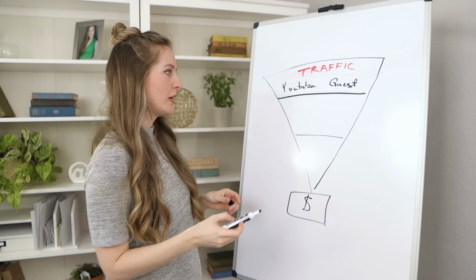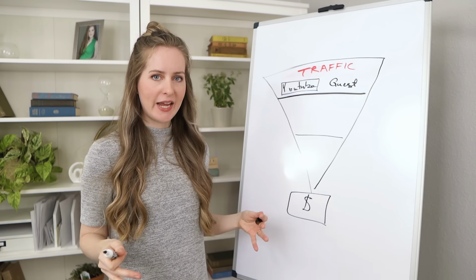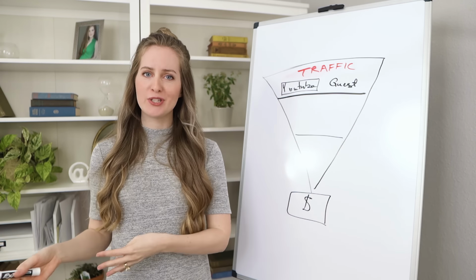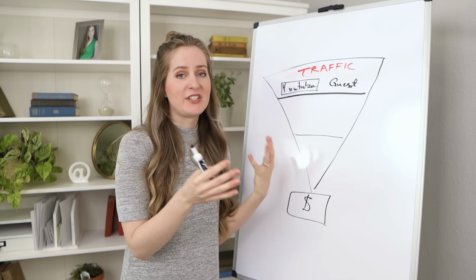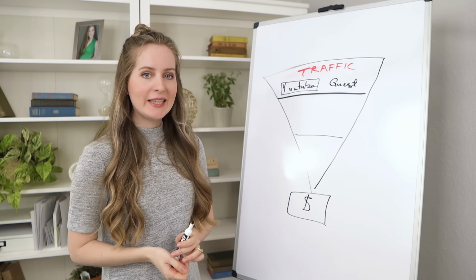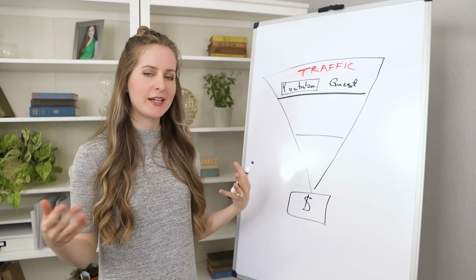So with YouTube, there is this incredible algorithm. I know you guys have probably heard me talk about this before, but the YouTube algorithm is designed to match viewers with videos that they want to watch. So basically, if you make videos that share your expertise, that show what your business does, how it helps customers, and are helpful, interesting videos in the process, then YouTube is going to push those videos out to the people who are most interested in them.